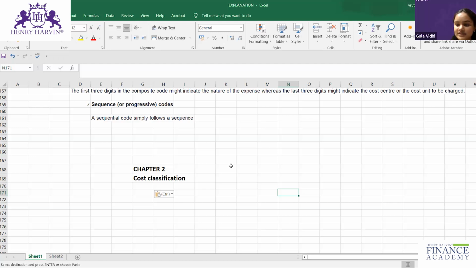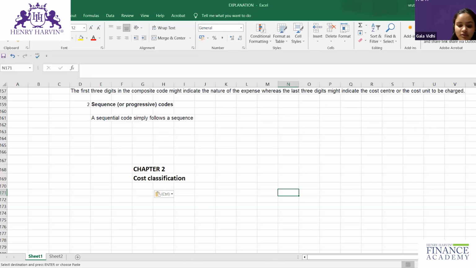The whole point of this paper is how you manage your cost effectively. You are learning the elements of cost, different types of cost, and how you can minimize it. Cost can be classified in various ways, which we are going to learn in this chapter.